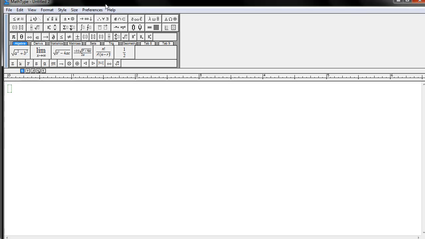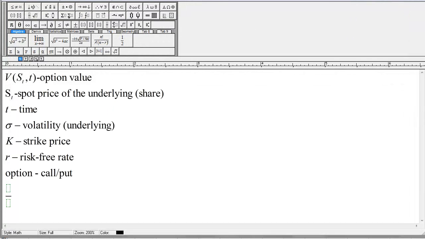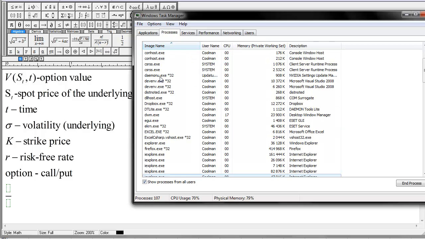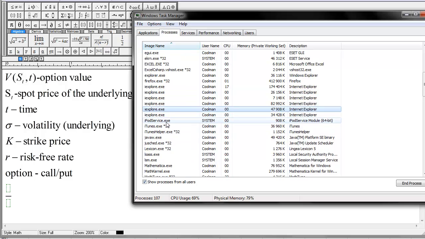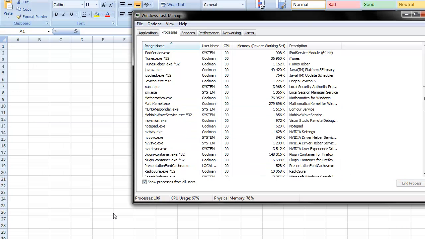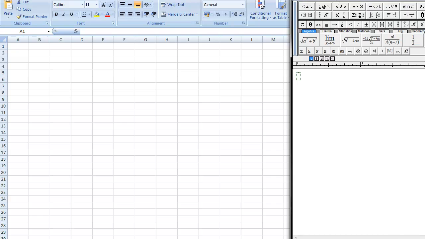I don't know why it is frozen. So it doesn't work either. Where is it? I hate when it freezes. What's it called? Map type. Okay, so let's kill this. One more try.